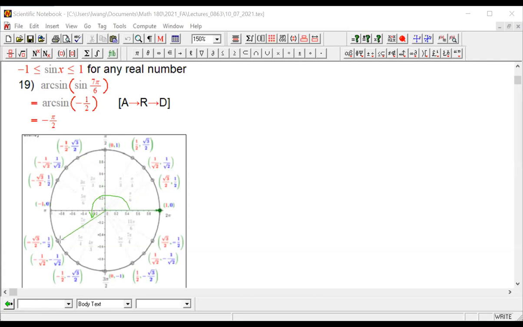Yes, that's A. Reference angle, R, the positive acute angle, this is pi over 6, and D, the blue number. Thank you, Professor. ARD.